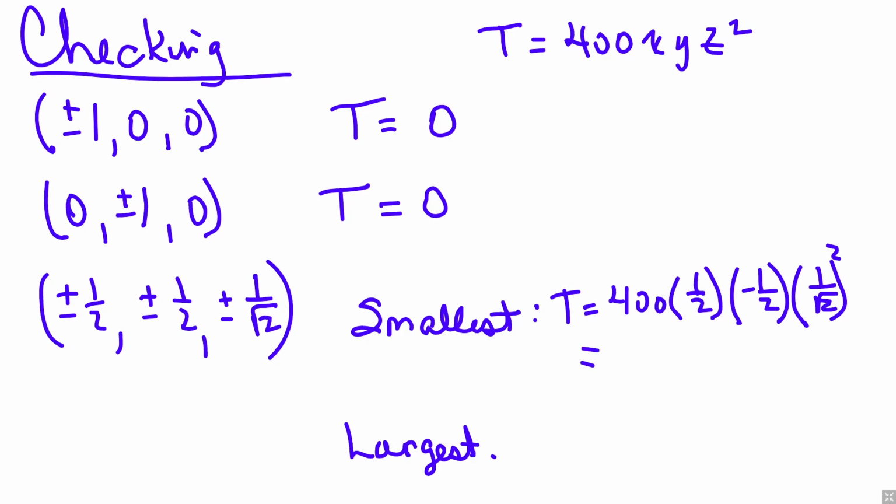So we're going to end up with 400 times, if we square that, that's going to be 1/2, and multiply that, we're going to get negative 1/8. So we're going to end up with a value of negative 50 degrees. Any questions there?